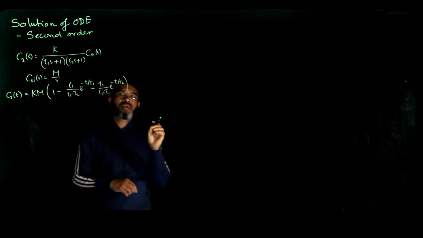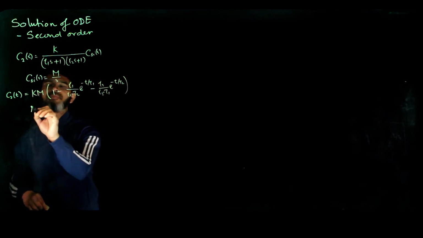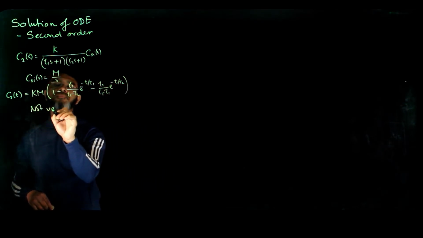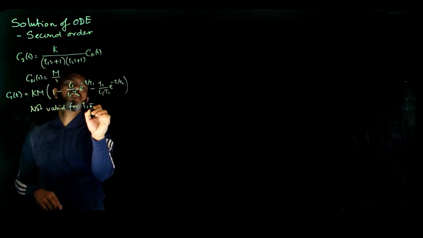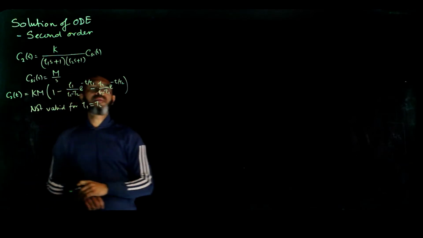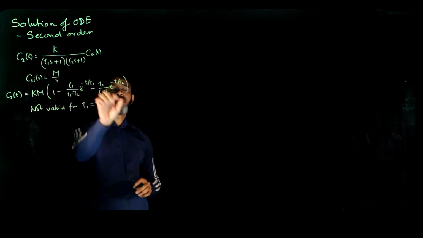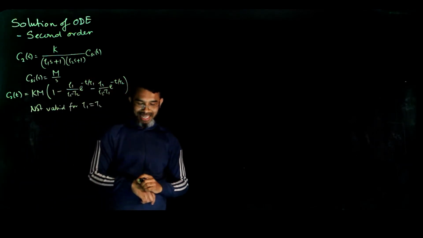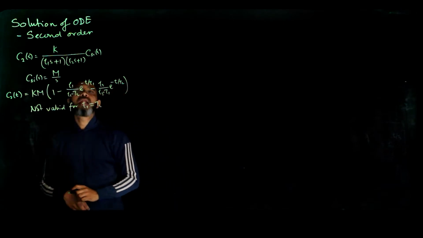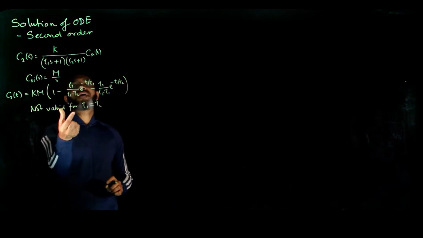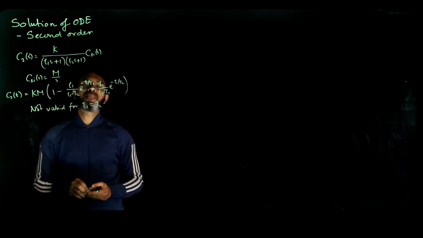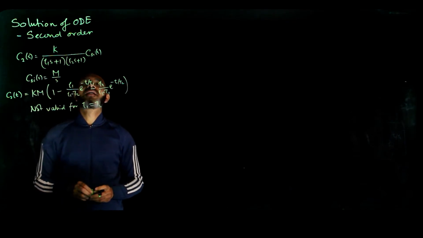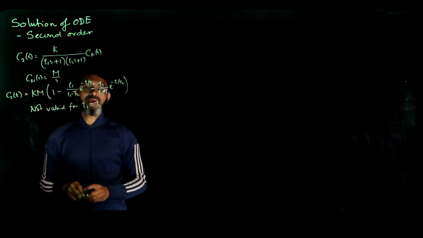Now if we look at this solution, it is not valid if tau 1 equals tau 2, because this term is infinity and this term also becomes infinity. It is not valid simply because the partial fraction expansion method that we approached is not valid for the case when tau 1 equals tau 2.